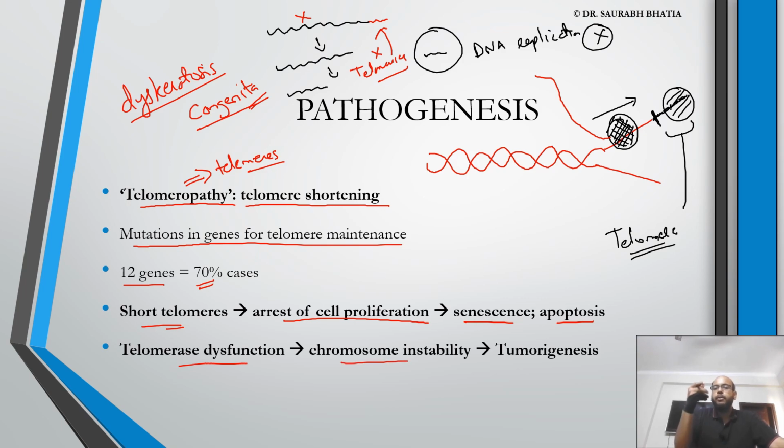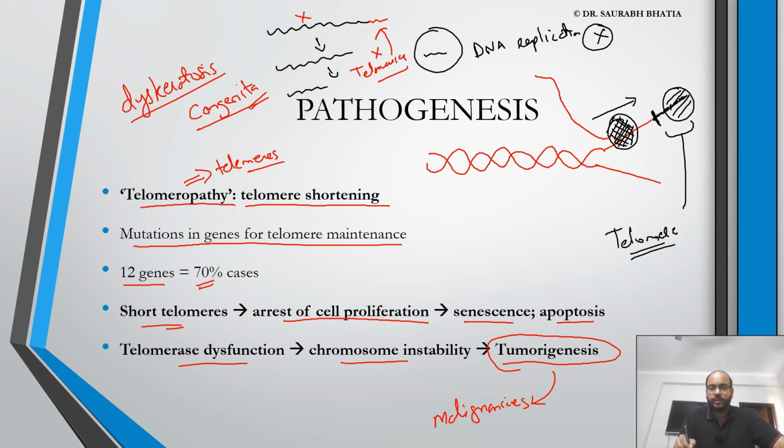Why unstable? Because let's say one chromosome has that deficiency and is not able to divide properly, the whole cell cycle is arrested. The cell is not able to properly multiply or replicate. This leads to multiple mutations leading to tumorigenesis or tumor formation, and this is the reason why you have a lot of malignancies in dyskeratosis congenita.